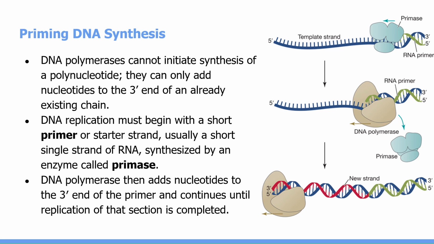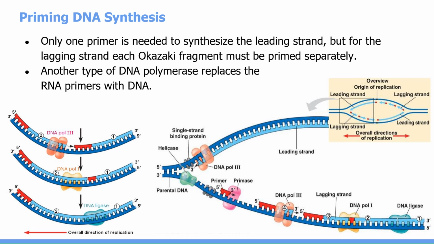Again, as stated before, DNA polymerase must bind to a primer. It is the starter strand, and usually it is synthesized by a primase. DNA polymerase adds nucleotides to the 3' end of the primer and continues until the replication of that section is completed. Important thing to note here, y'all, only one primer is needed to synthesize the leading strand.